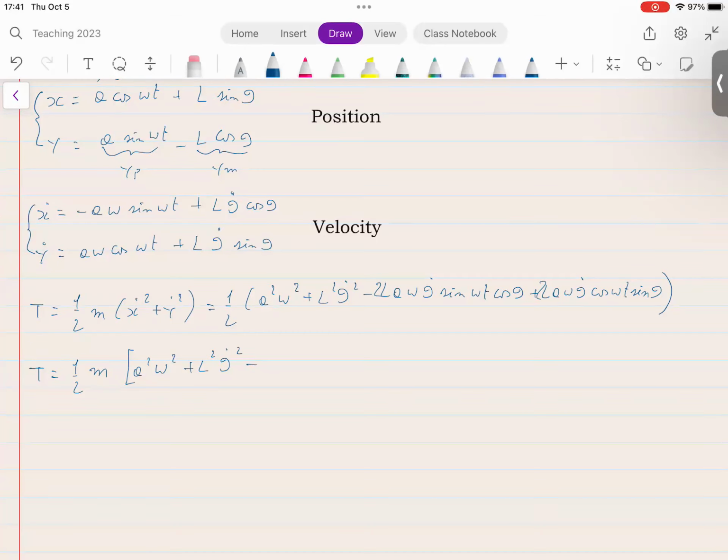This turns out to be 2L theta dot squared times a times omega times the sine of theta minus omega t. Notice that this is not the only way to write it, but that's the kinetic energy.